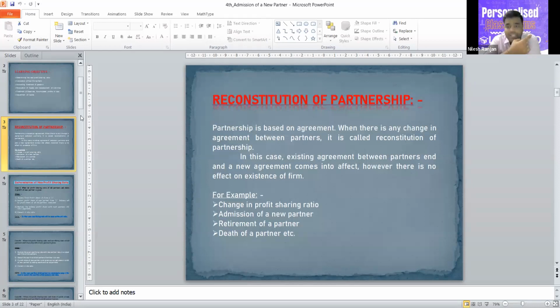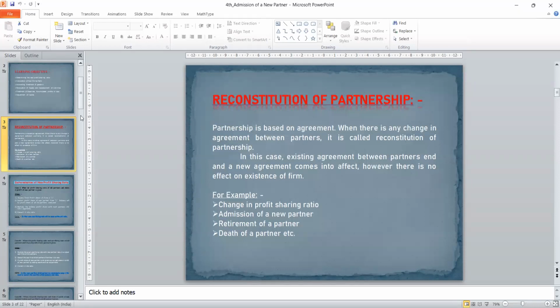It is like we are starting a new relationship, a new partnership business. It is not that we are shutting down our business. It is only a change in relationship, and for that change to take place, we have to change our agreement. That is called change in relationship between partners, and it is also called reconstitution of partnership.